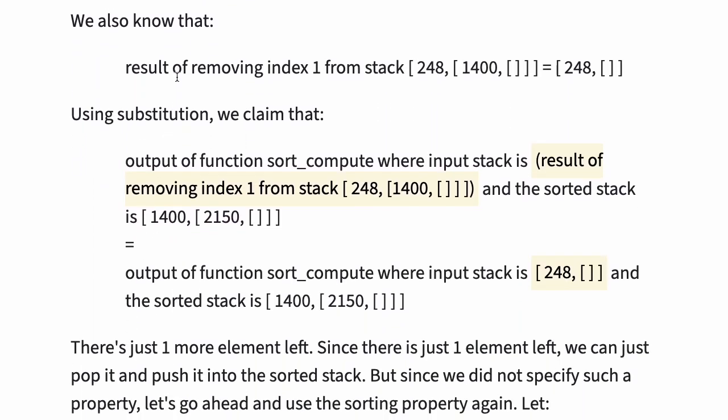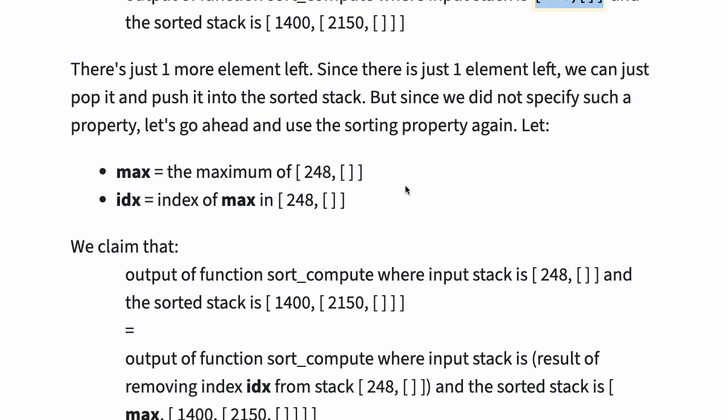We also know that the result of removing index 1 from stack 248, 1400 is equal to the stack 248. Then we can replace the result of removing index 1 from stack 248, 1400 with the stack 248.